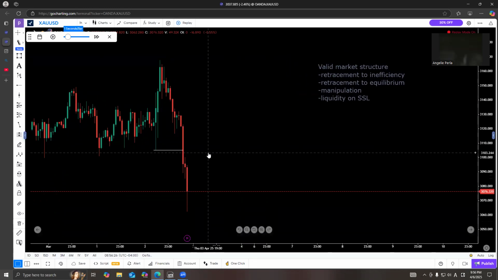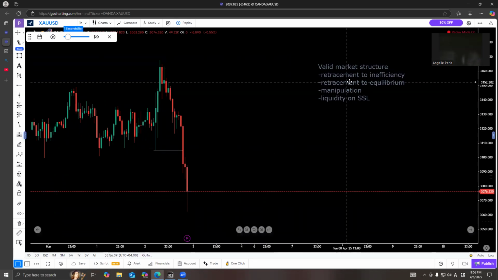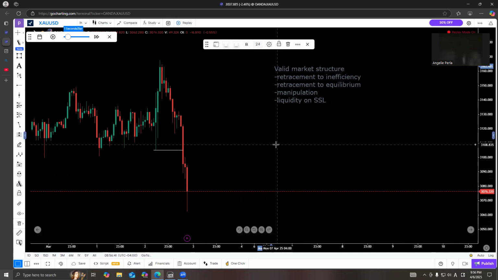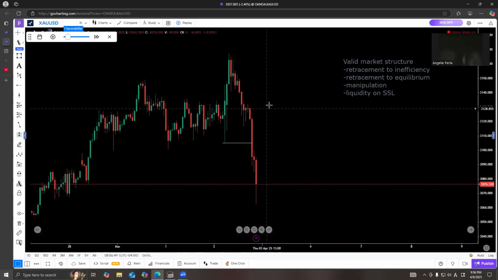Personally, I'm using strategies like the SMC concept or the ICT concepts on Forex. What I was looking for in the current price action is a valid market structure in these current prices.